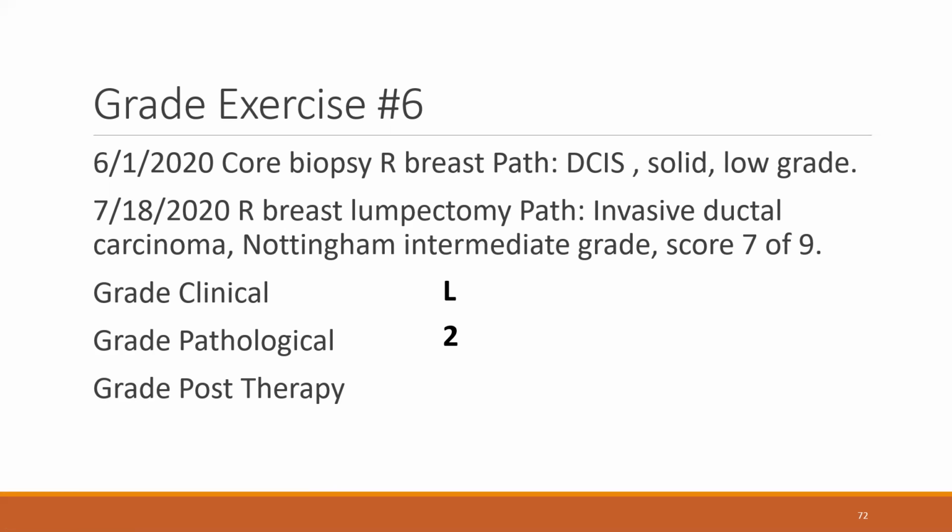If you didn't have the score and you had to use intermediate grade, you would go back to the grade generic table, and intermediate would have been coded a B. Okay, grade post-therapy then is blank. So texting, if you have the score, Nottingham score 7, that is very good. Otherwise, you would have to go back and use that generic grade table to code it a B.